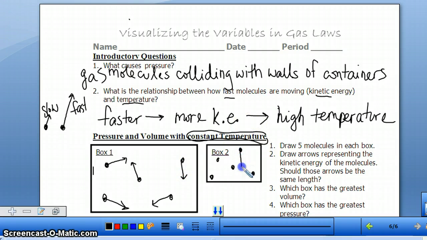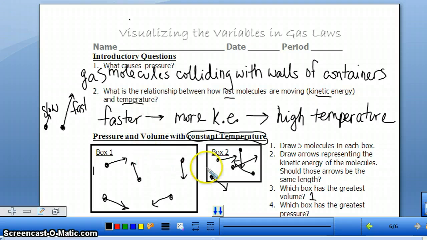Now you want to make the same distance here, even though the box is smaller, and it's harder because you end up running into each other. And that one actually left the box. Which box has the greatest volume? Well, take a look at the size of box 1 and the size of box 2. Obviously box 1 has a greater volume.